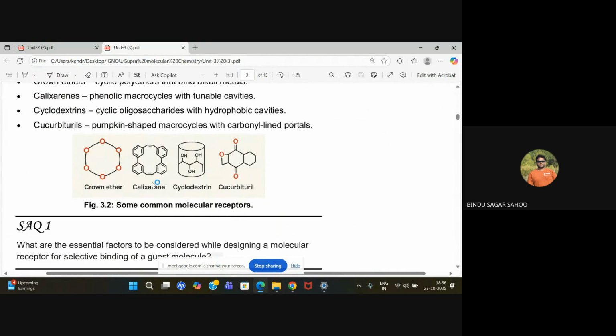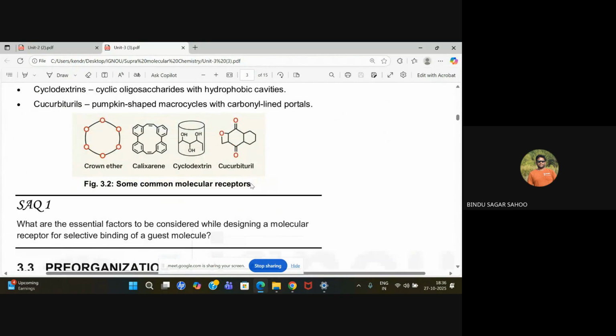Particularly the last one, cucurbituril, has a pumpkin-seed-like structure, and in this complex you can find carbonyl ends. These carbonyl ends are absent in the other molecular receptors and are always found in this type.